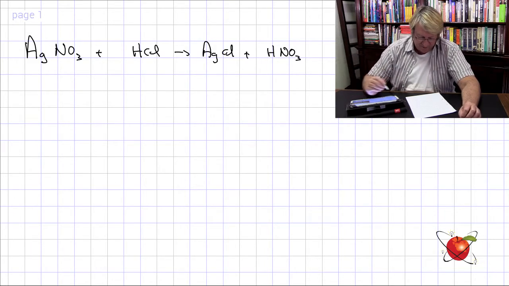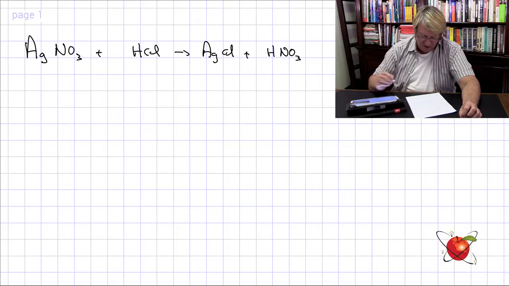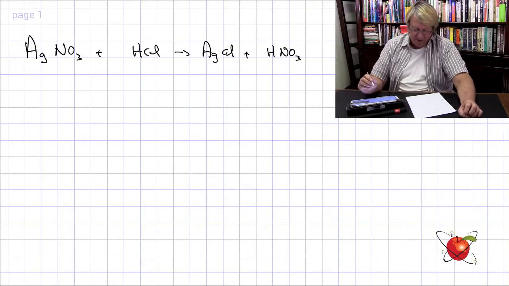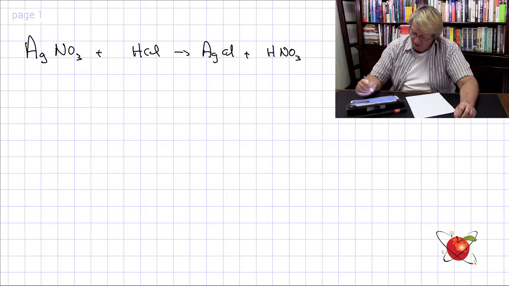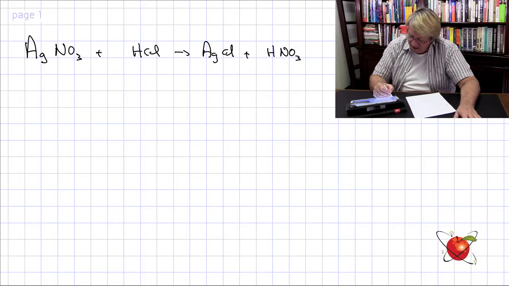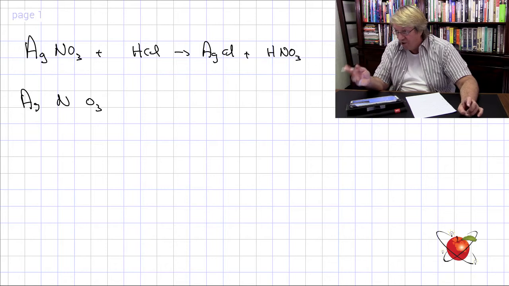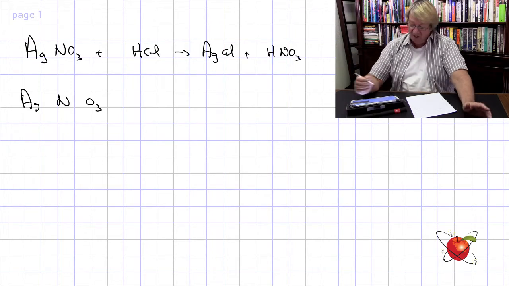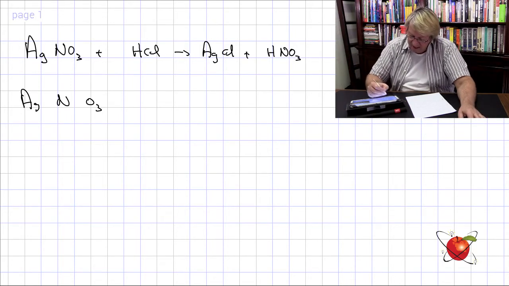Let's have a look at the AgNO3 and what has happened with our numbers here. Let's split it apart. Oxygen is the one we're going to start with, so oxygen is -2 each, giving -6. The silver is +1 and the nitrogen is +5.